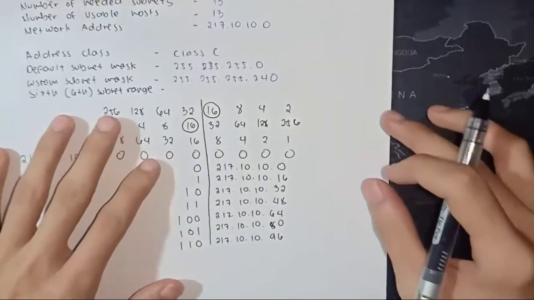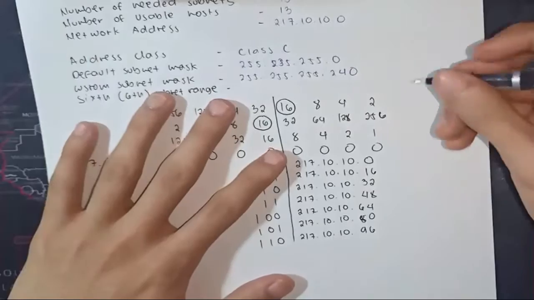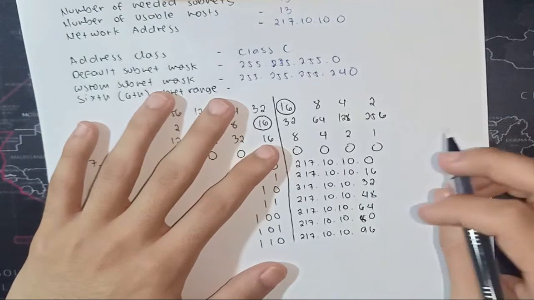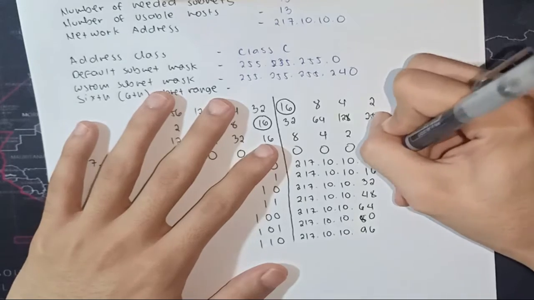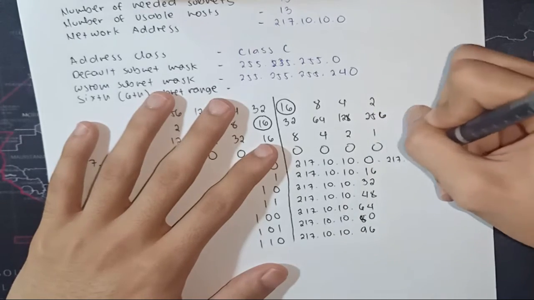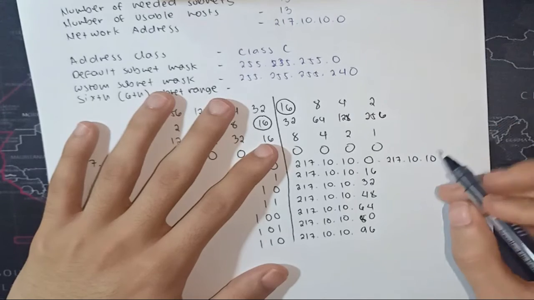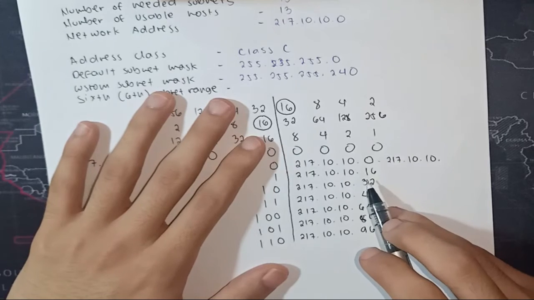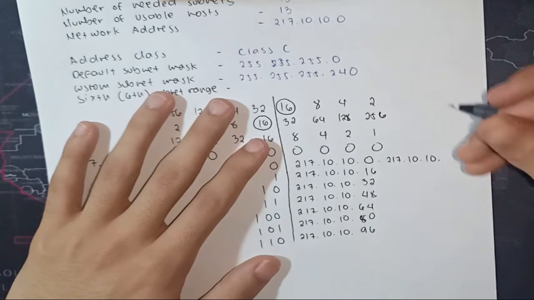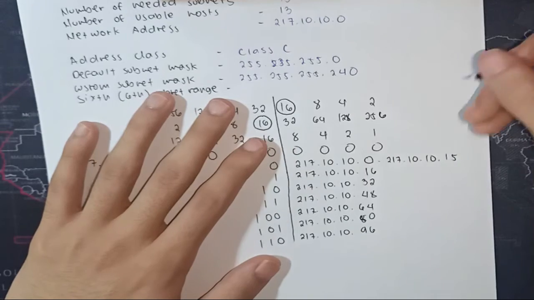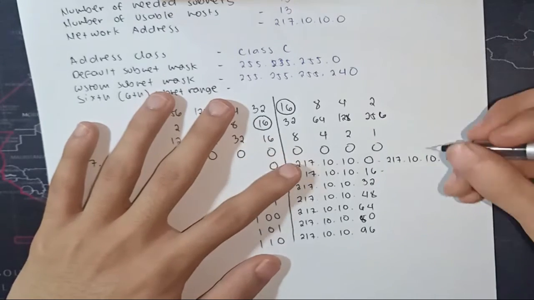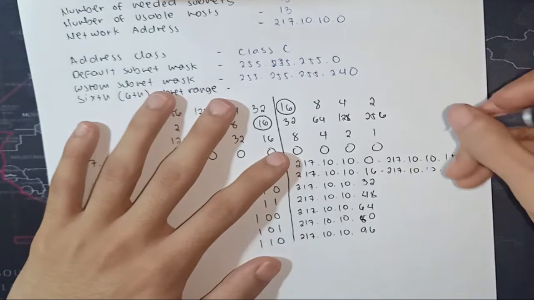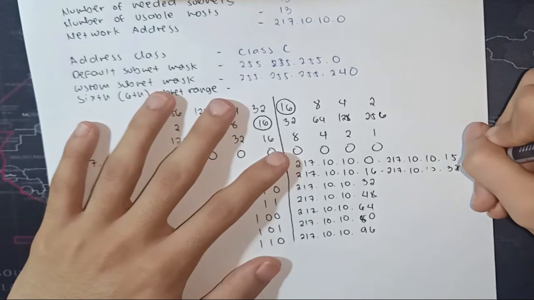So in getting the range, it is simple now, as we look for the value of the host address, which is 16. So we are going to write it, since in this line it is indicated that it is 16. Same goes with others.